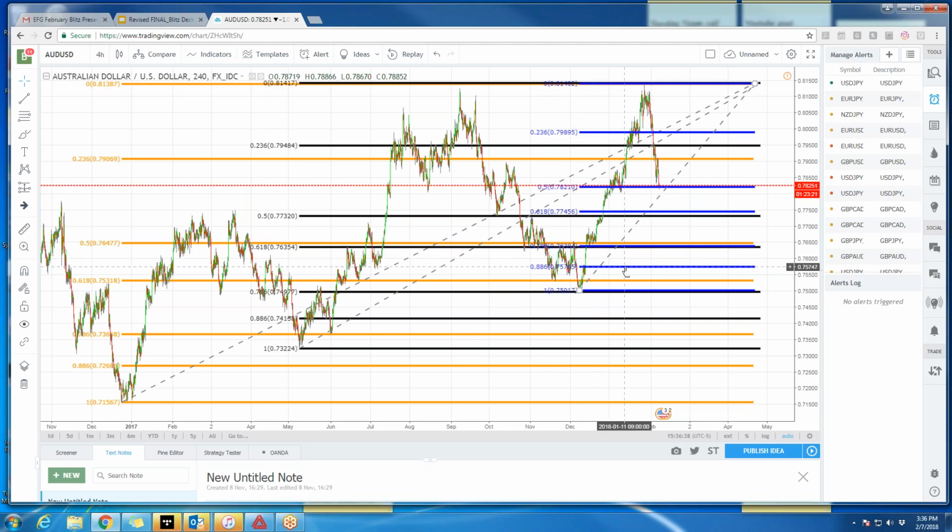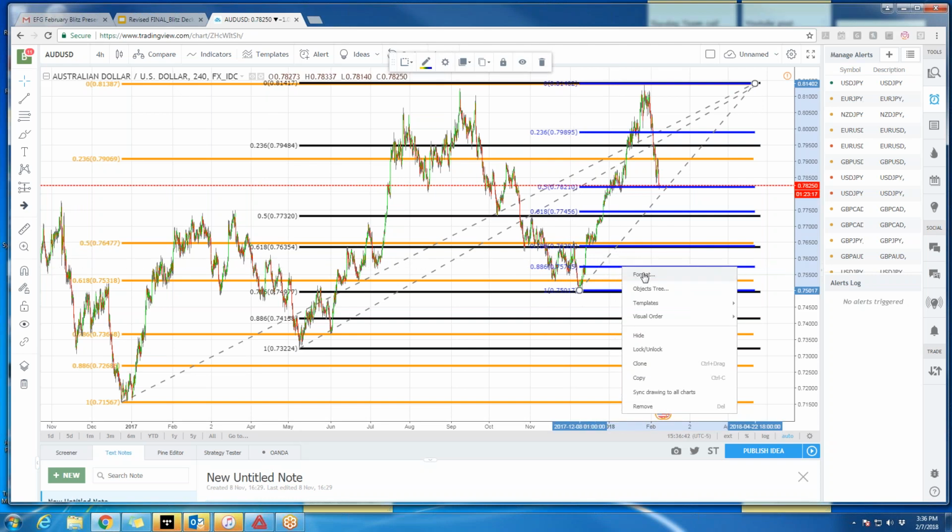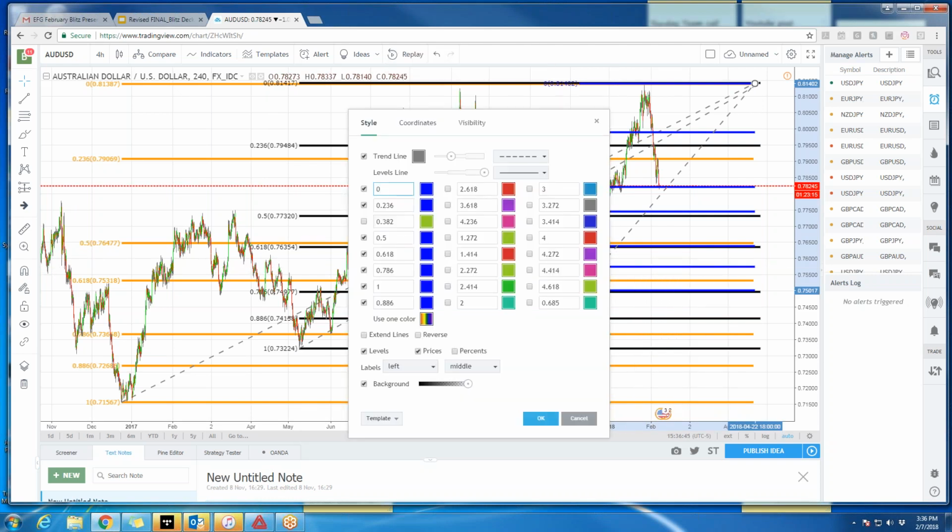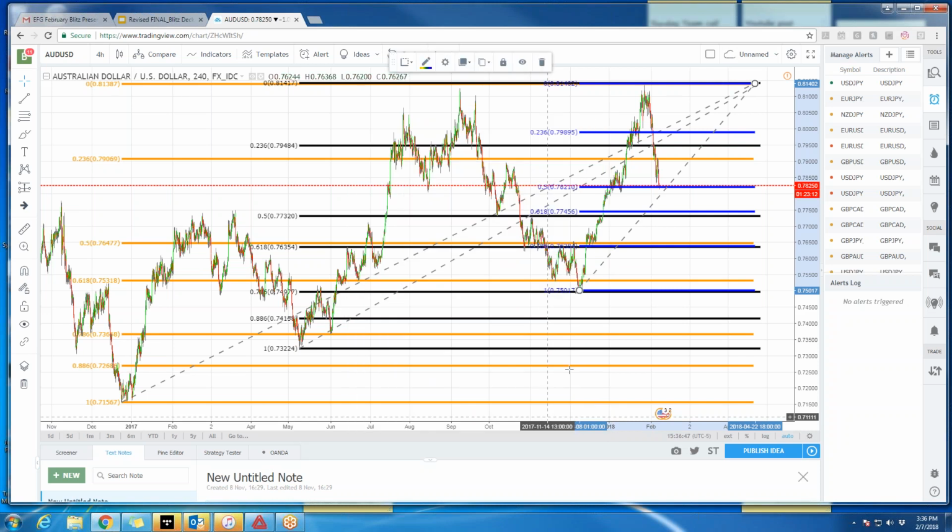So this is a good Fibonacci line. This one right here, I can remove the 886. So what I'll do is come here, take off the 886. All right. This is a kind of strong zone right here. You see the three, although they're not right on top of each other, they're pretty close to each other. So it's another strong zone.